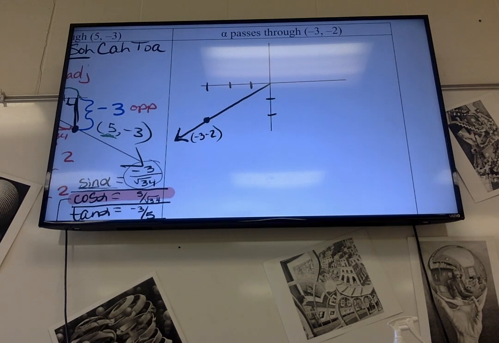And remember, you always draw the triangle so that it goes up to the x-axis.